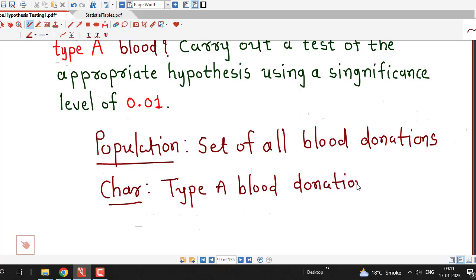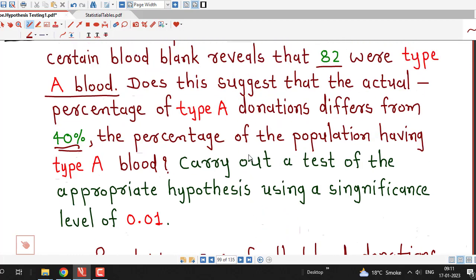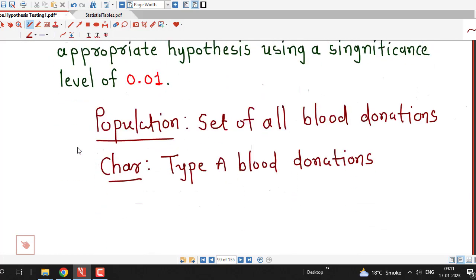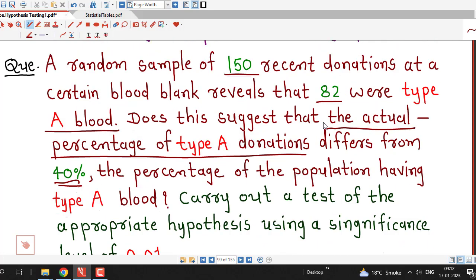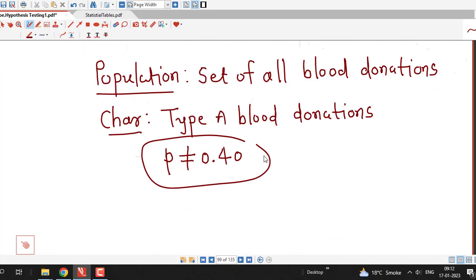It is given that the actual percentage of type A donations differs from 40%, so the population proportion is different from 40%, that is 0.40. We have to check whether the actual percentage of type A donations differs from 40% or not. So this we want to check.